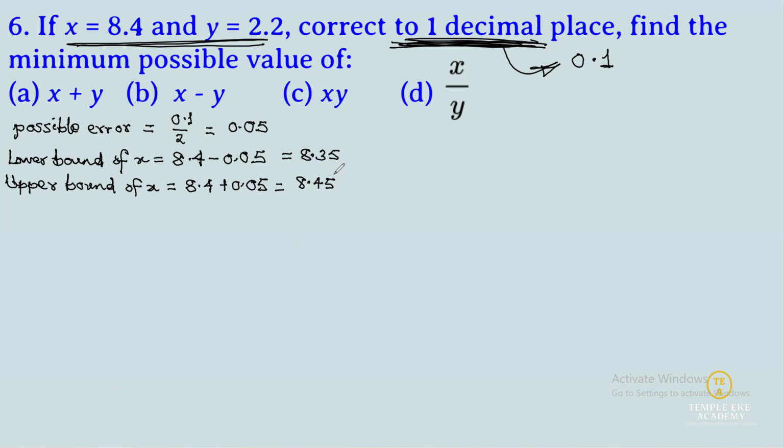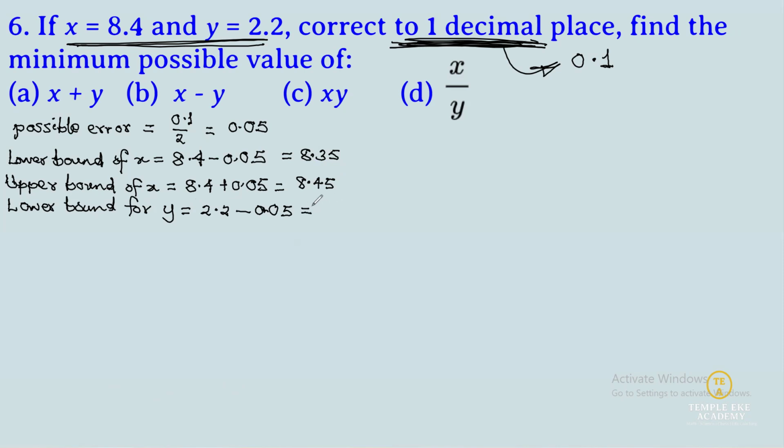We do the same thing to obtain the upper and lower bound for y. So lower bound for y, by subtraction, 2.2 minus 0.05.